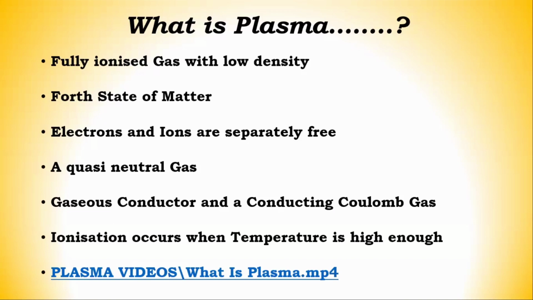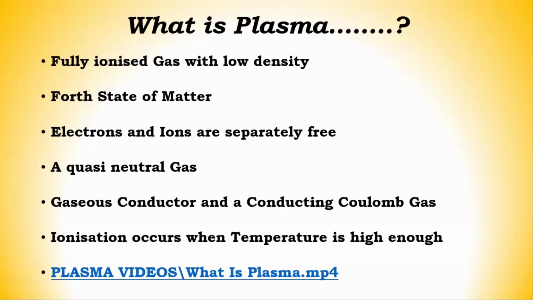It's a mixture of all the things, that's why we call it a quasi-neutral gas. So we can call plasma a quasi-neutral gas, or a gaseous conductor and a conducting Coulomb gas. Obviously, as there are free charge carriers, Coulomb's force will be acting on the plasma.